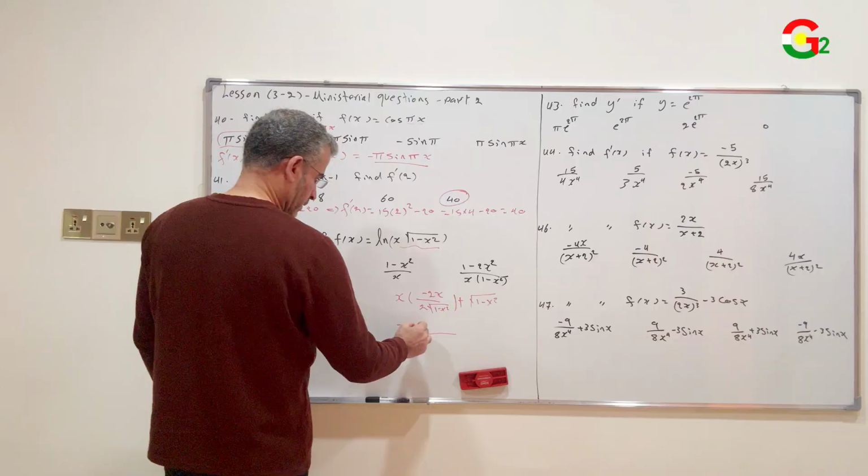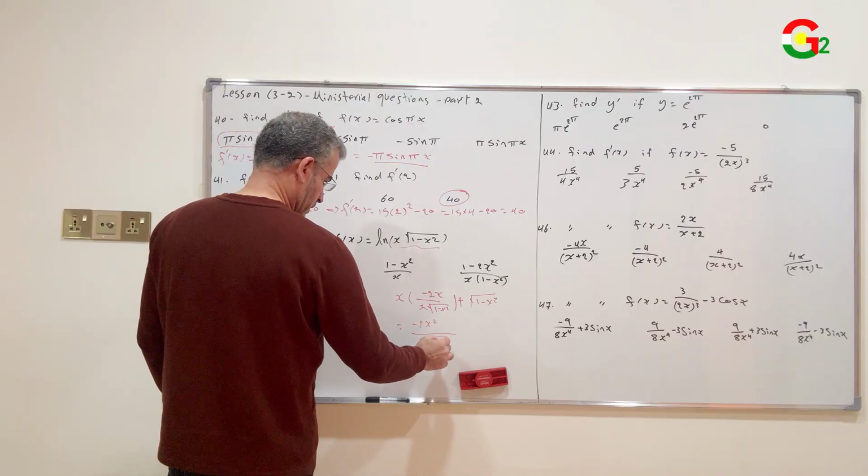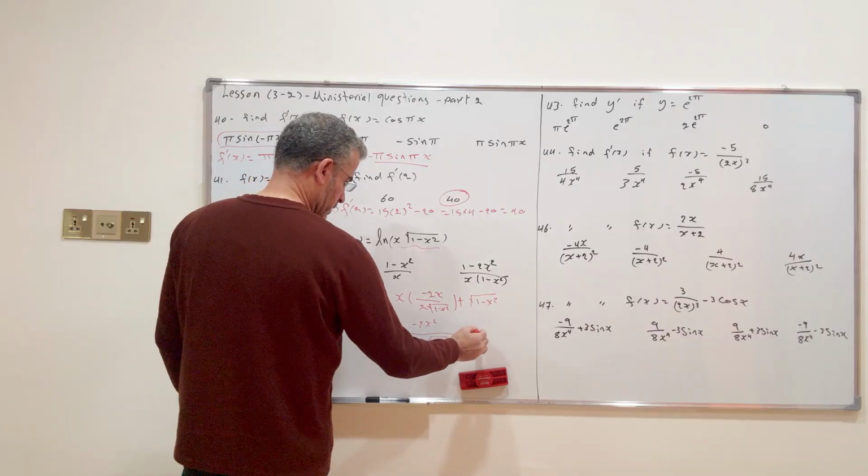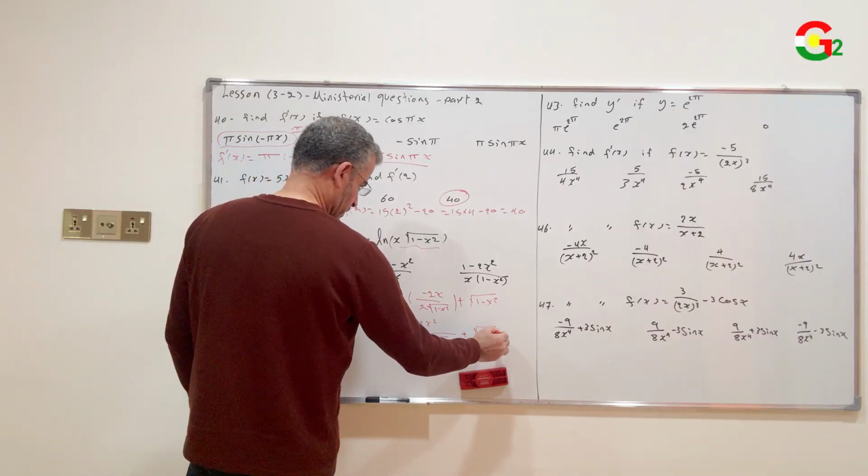Simplify this: negative 2x square over 2 square root 1 minus x square plus square root 1 minus x square.